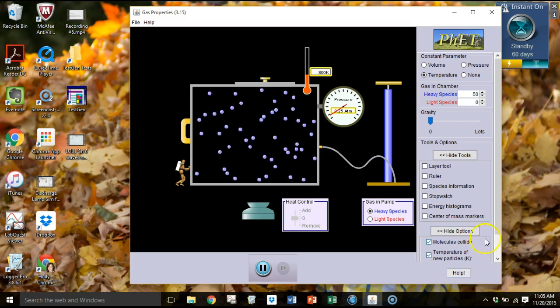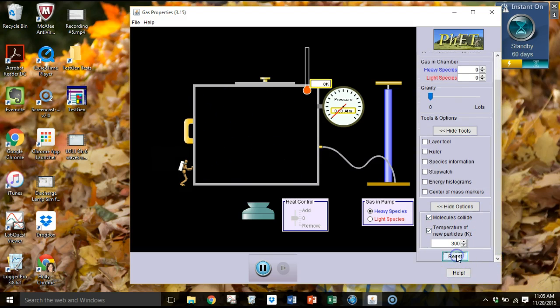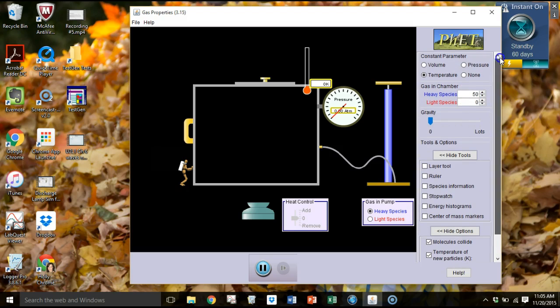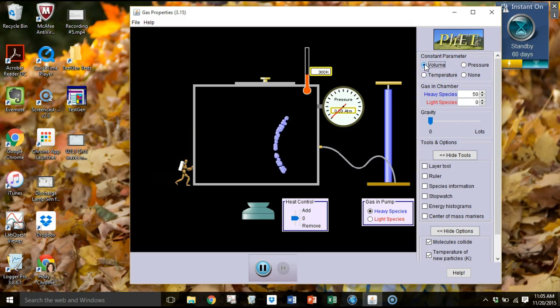And okay, so we're going to reset. And we're going to add 50 particles. And we will keep volume constant. Okay.